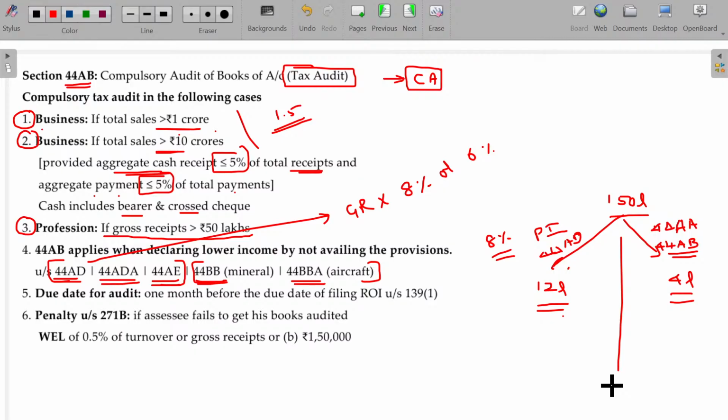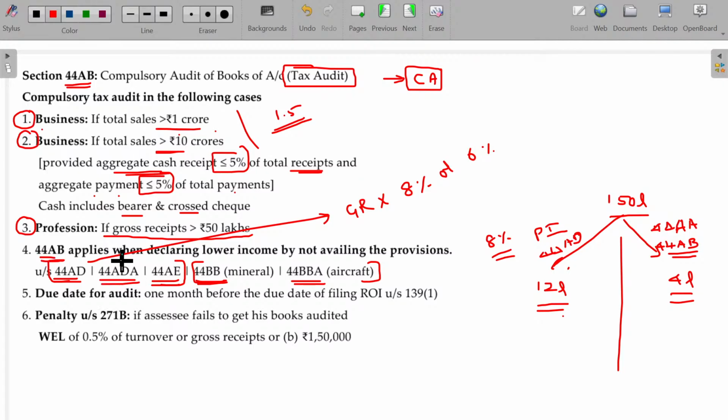If you feel that even 8% or 6% is not really possible, your income is still lower, then maintain the books of accounts systematically and get them audited if the value is more than 1 crore. If you want to show income less than the income presumptively stated under section 44AD, as well as ADA and AE, then of course you can maintain the books of accounts and get them audited.